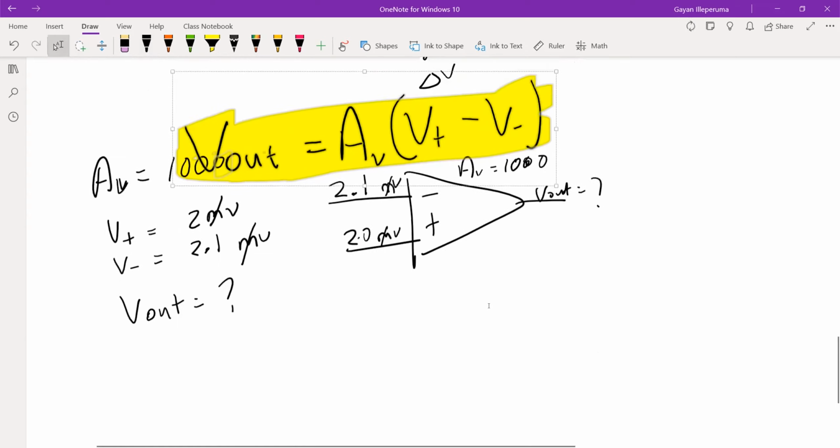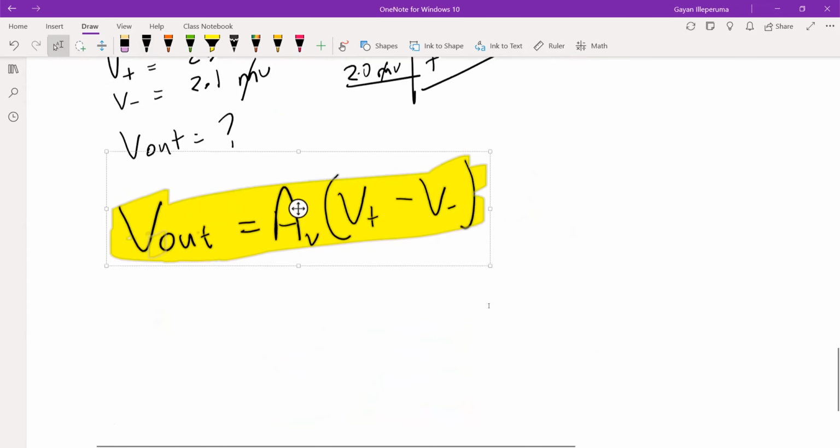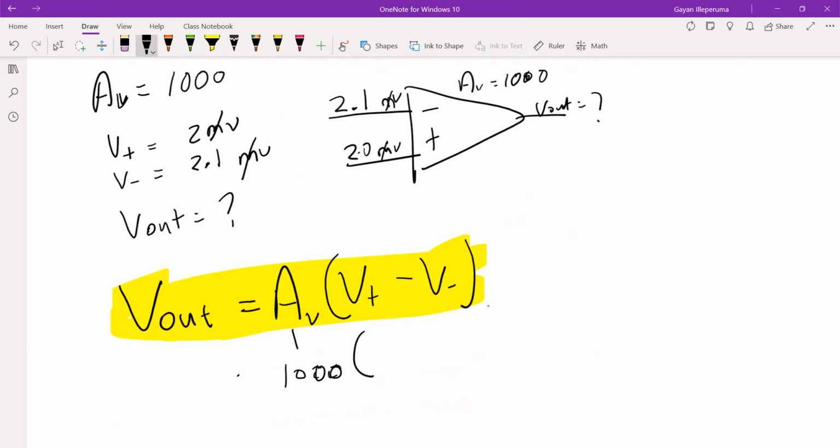Now, if we directly apply this particular equation, we will end up with something like this. Then we know this is 1000. This is 2. This is minus 2.1. So you end up with 100 minus 100. Now, theoretically, this is correct, but practically you have an issue.